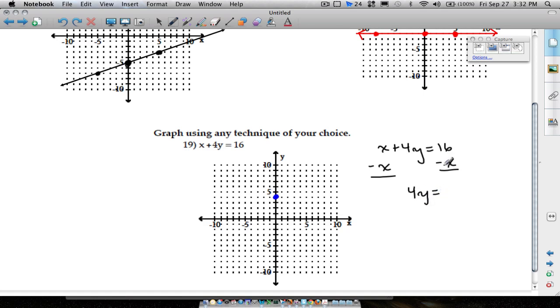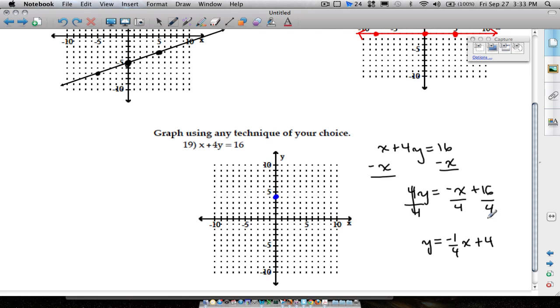We have 4y is equal to, do not combine these, that's just -x plus 16. And then let's divide everything by 4. And when we do that, we get y by itself. So we have y equals, I'm going to write this as a fraction in front of x. So there's an understood 1 right there, which means we have -1/4 x, and then 16 divided by 4 is 4.